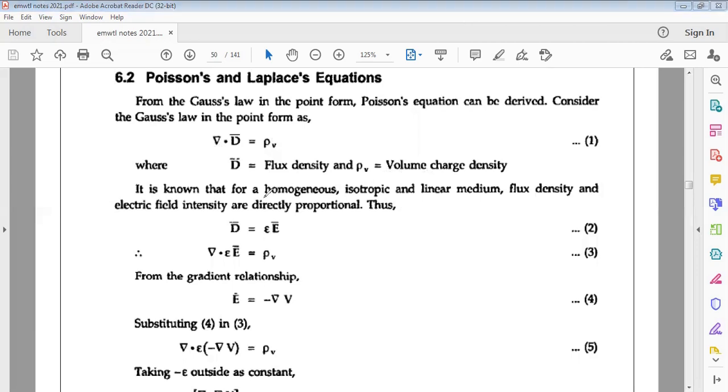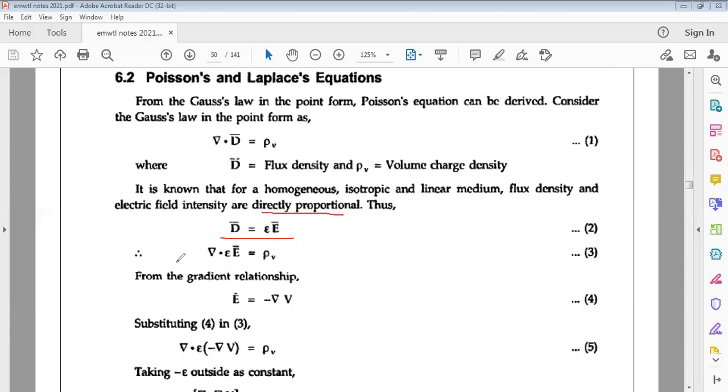It is known that for a homogeneous, isotropic and linear medium, flux density and electric field intensity are directly proportional. So D bar is proportional to E bar. The proportionality constant is epsilon.